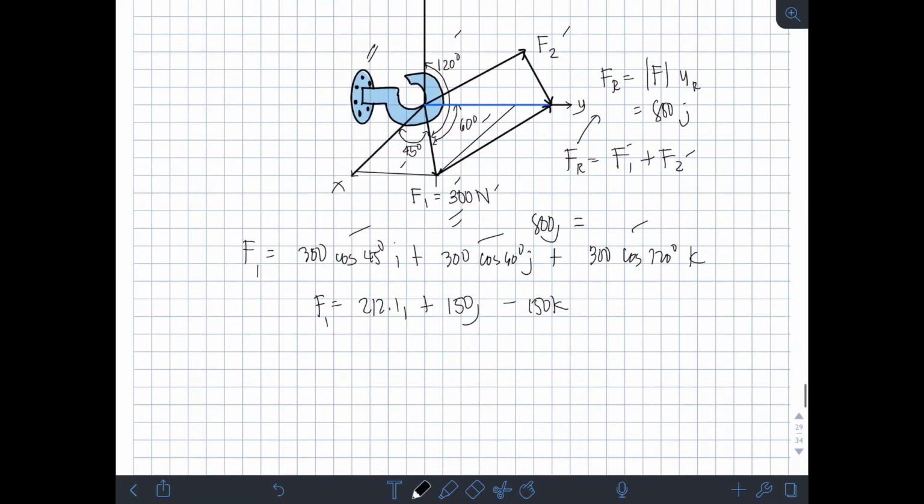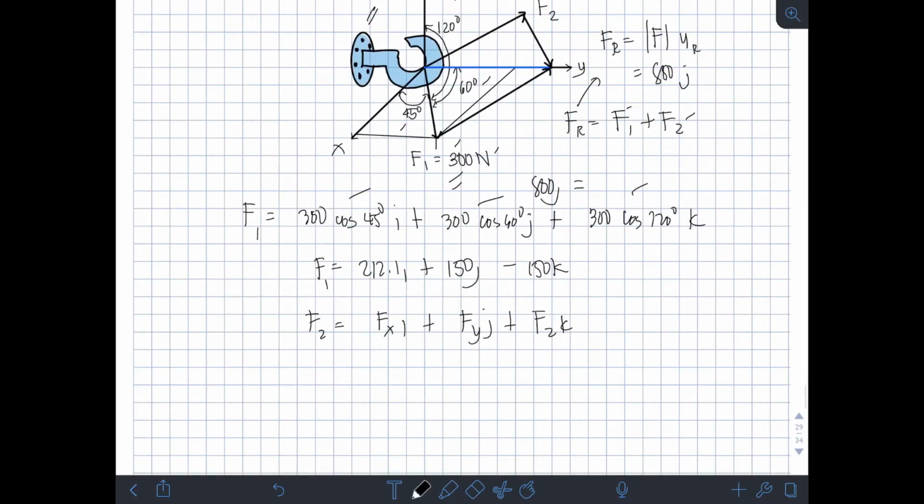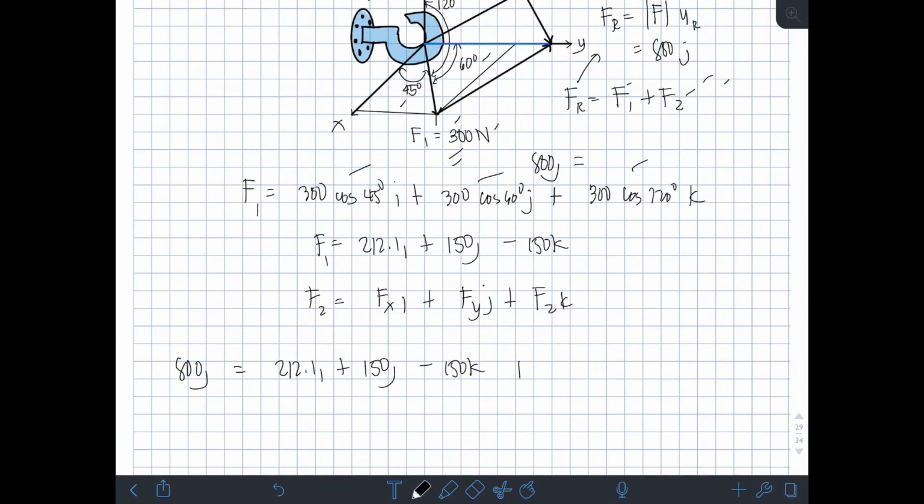Ngayon, si F2. So, di ba ang form lagi ng ating vector, let's say F2, is meron siyang Fx i plus Fy j plus Fz k. Ngayon, pag inequate natin lahat ng mga nakuha nating values, yung Fr is 800j equal itong F1, right? So, kopyahin ko. Plus itong Fx i plus Fy j plus Fz k para sa F2.